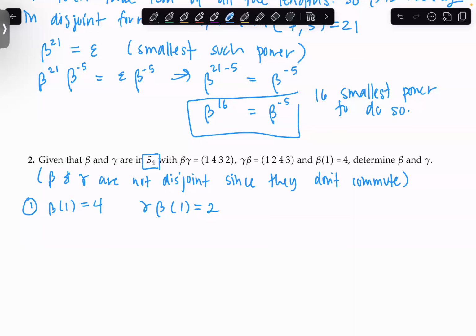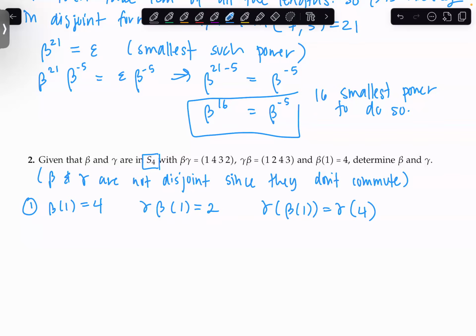Or I can also think gamma of beta of 1, do the composition by actually plugging into the rightmost, get a result, and plug that into your leftmost. So if I know beta sends 1 to 4, what does that tell me about gamma of 4? These have to be equal to each other, right?